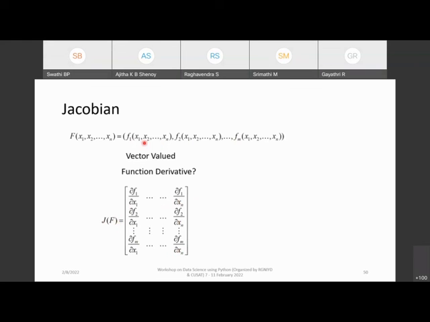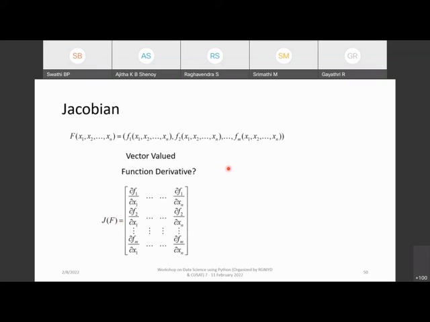And each function has n variables. So the number of columns of this matrix is n, and the number of rows is m. So the Jacobian of F is an m cross n matrix. Therefore, the differentiation of F is given by J of F, which is nothing but a matrix of order m cross n.